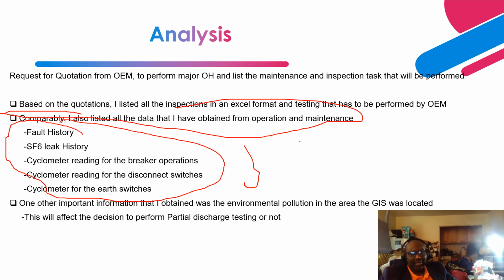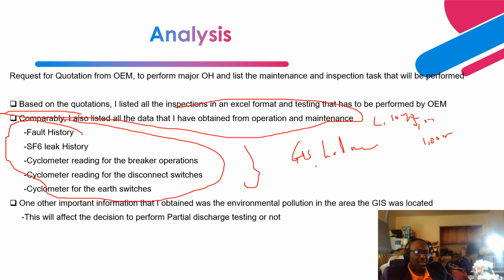all 10 GIS had minimal cyclometer readings. If the OEM is requiring, let's say, 5,000 operations for the circuit breaker, for the disconnect switches and the fast earthing switches about 1,000 operations, and closing faults, which are accounted for by the circuit breaker and the operating mechanism, let's say about 10 to 20.